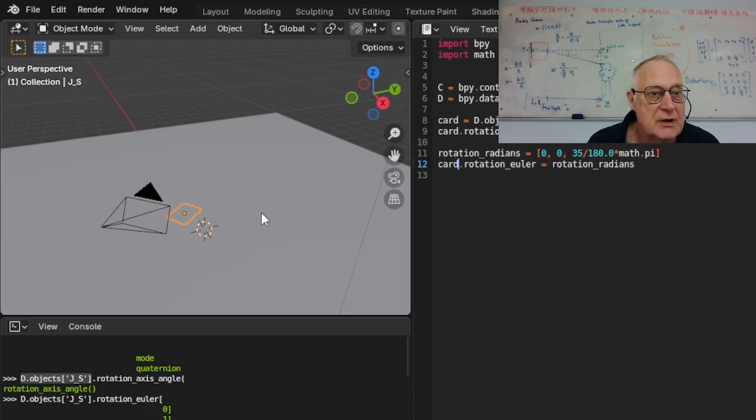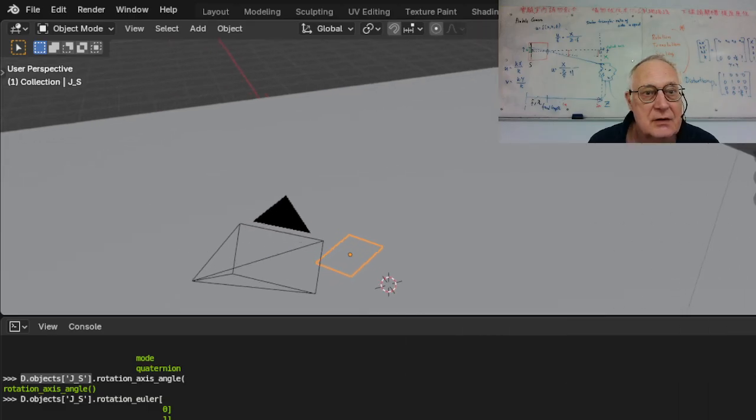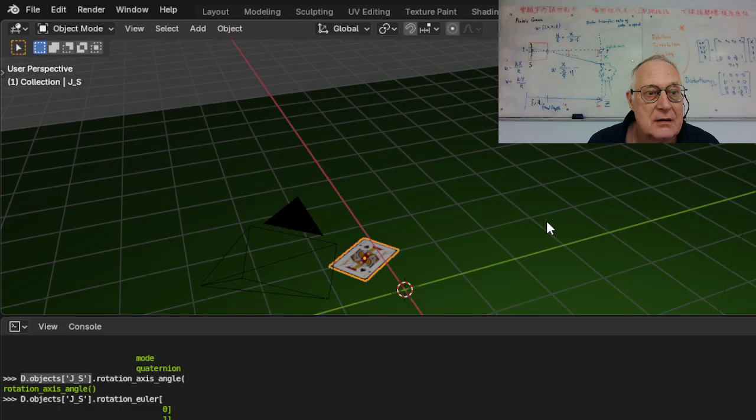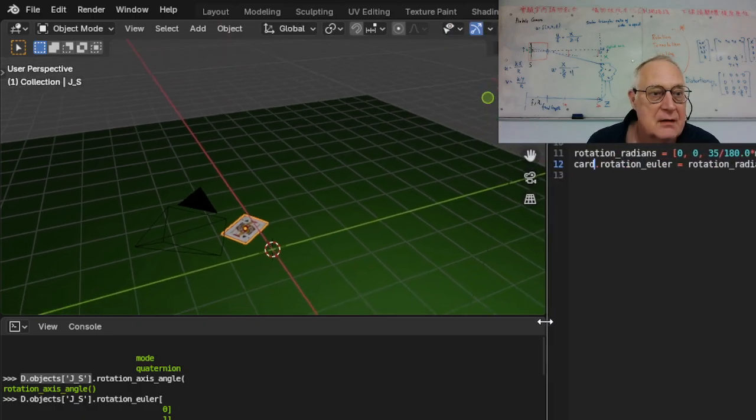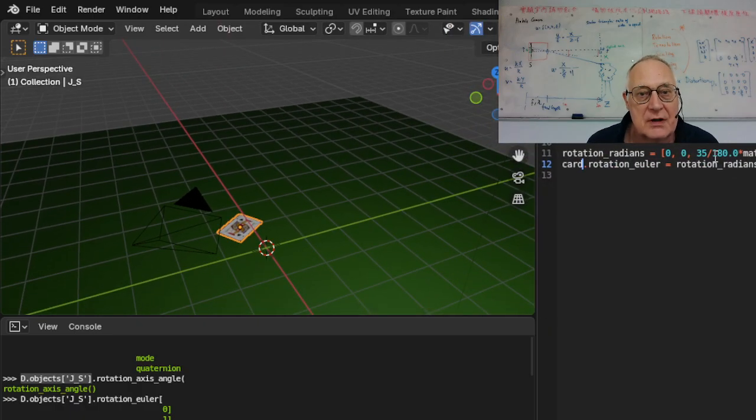So now we can change the card around and make it look cooler with the light. That allows you to generate lots and lots of images.